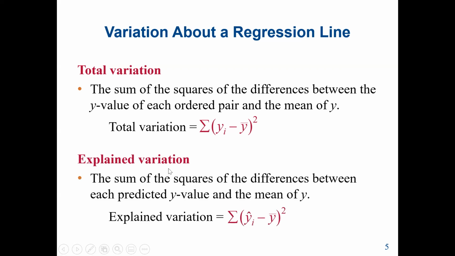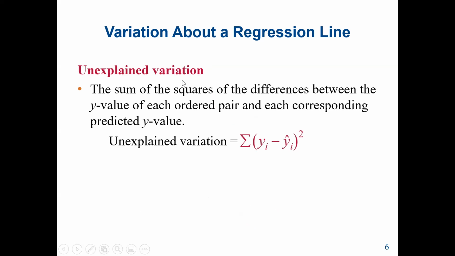Now with explained variation, it will be the sum of the squares of the difference between each predicted y value and the mean of y. So that will be the sum of the difference of the predicted y value and the y mean, all squared. And the same thing applies with unexplained variation.